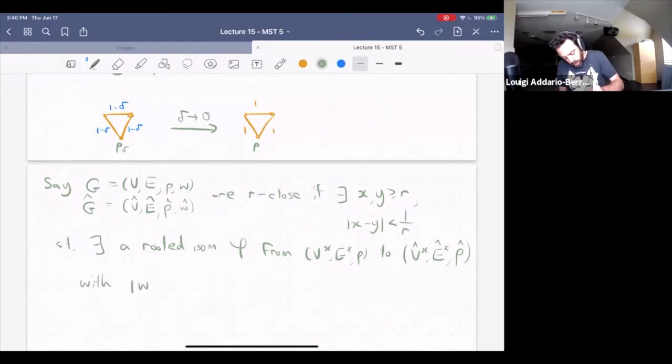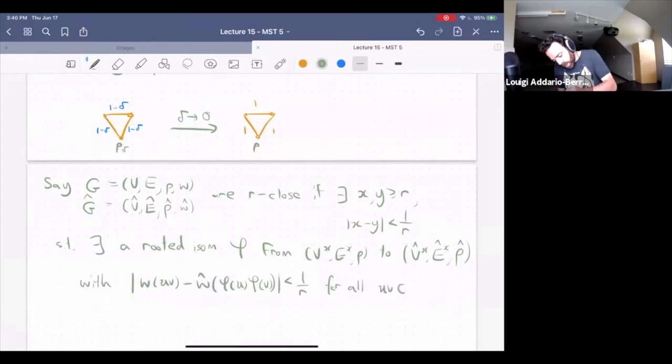So it should satisfy that the weight of uv minus w hat of phi(u), phi(v) is less than 1 over r for every edge uv in E_x. Someone pointed out that the x's on the right should be y's.